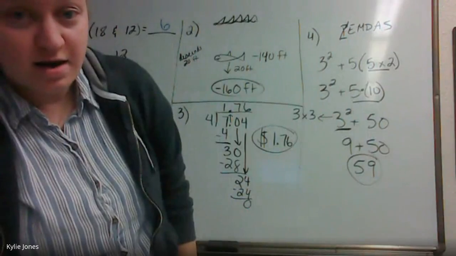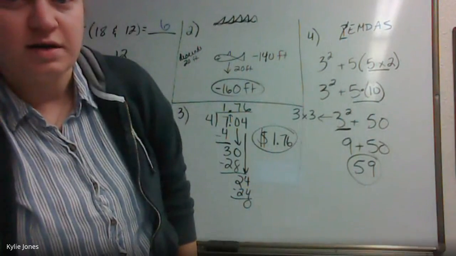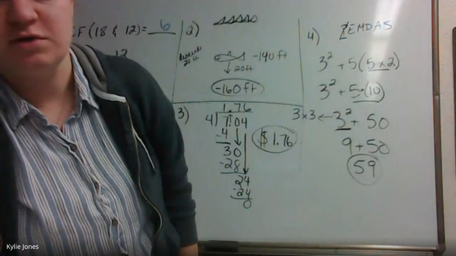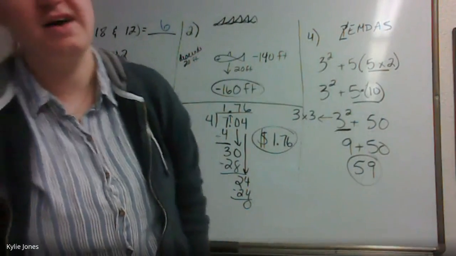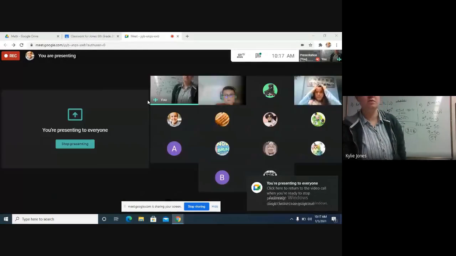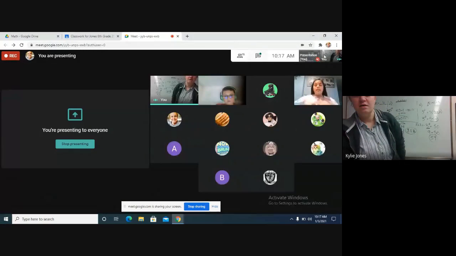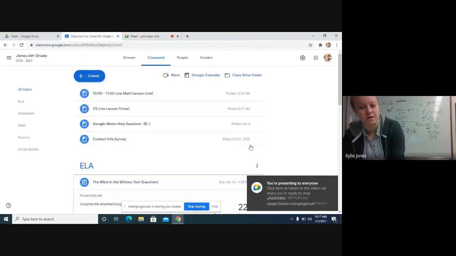All right. In Google Classroom, I don't think it's posted yet, but I'm going to share my screen. And we have a little bit of notes that we're going to look through on how to do something, and then we'll do some practice all together. So what we're going to do is head over to Google Classroom under Math.